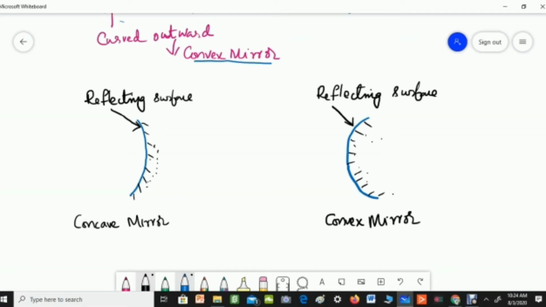Now, either it is a concave mirror or a convex mirror, the central portion, the center of the mirror, is called the pole.